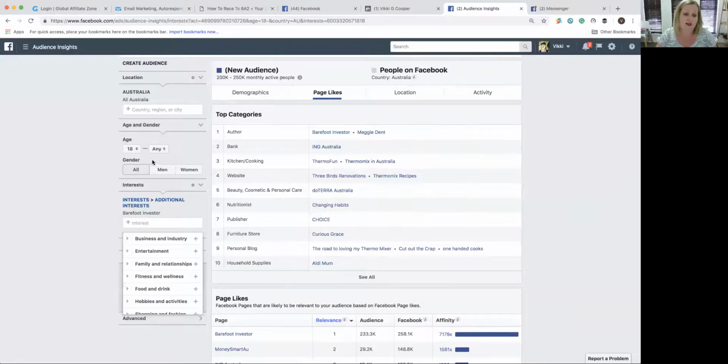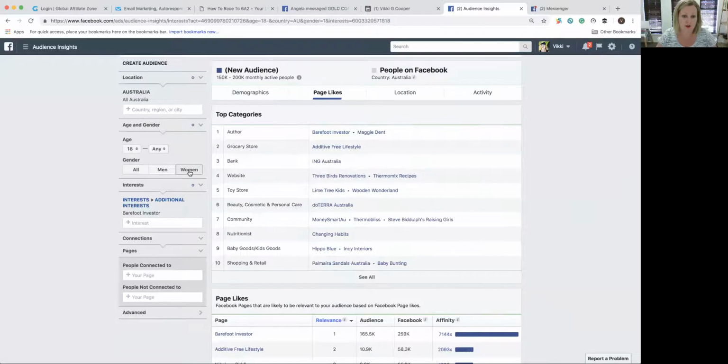But say I target just women, then if I click on here and do women only, it drops it down to 150 to 200K. So I'm going to write down women, 150 to 200K. So I know that that's still within my range of 70K to 2 million. That's another interest that I can target.